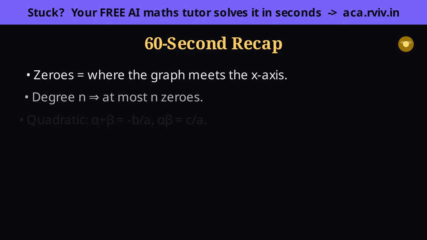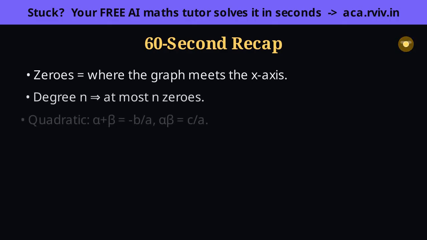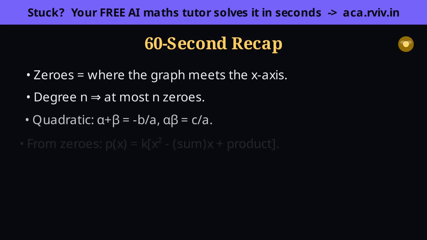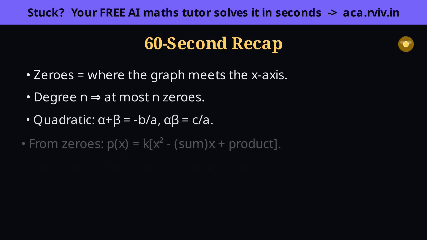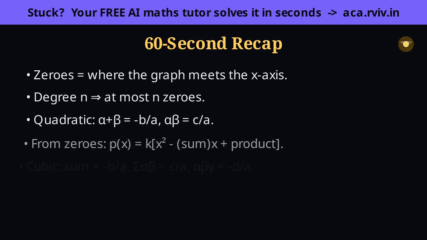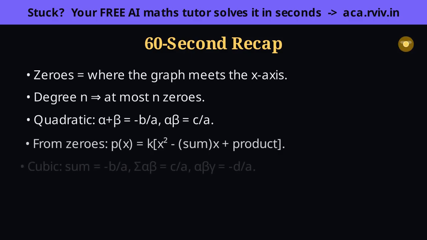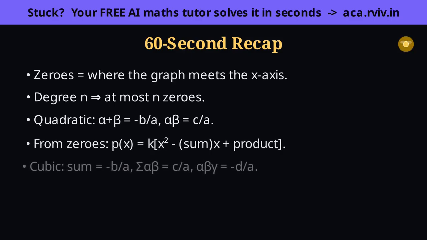Build one backwards with k times (x squared minus sum x plus product), which is that expansion in reverse. And the cubic extends the same idea one degree up: sum minus b over a, pairwise sum c over a, product minus d over a. Understand where each came from, and you're truly exam ready.